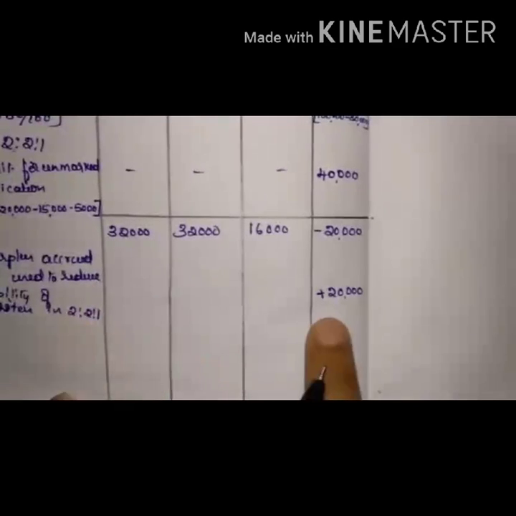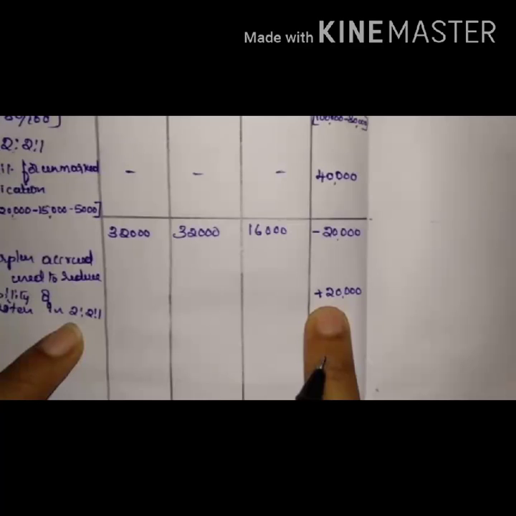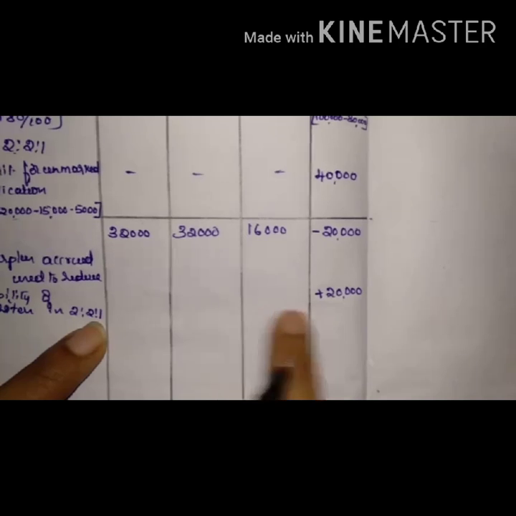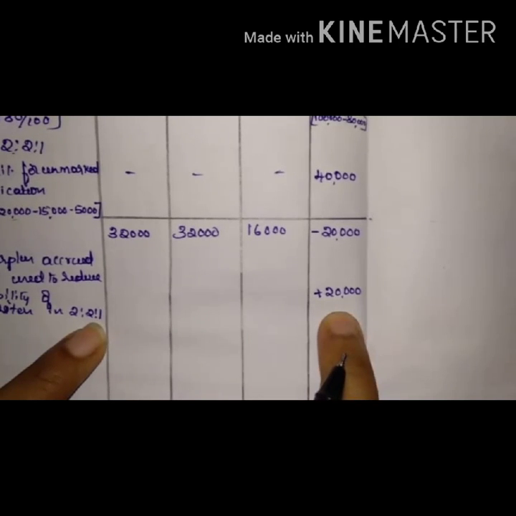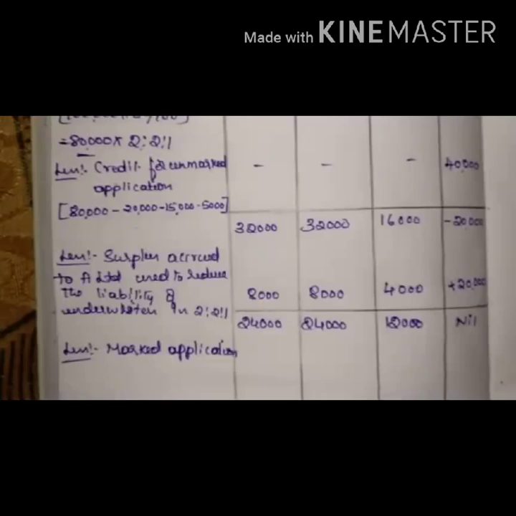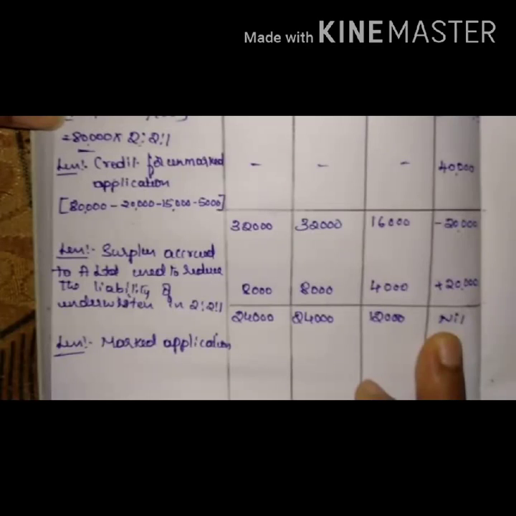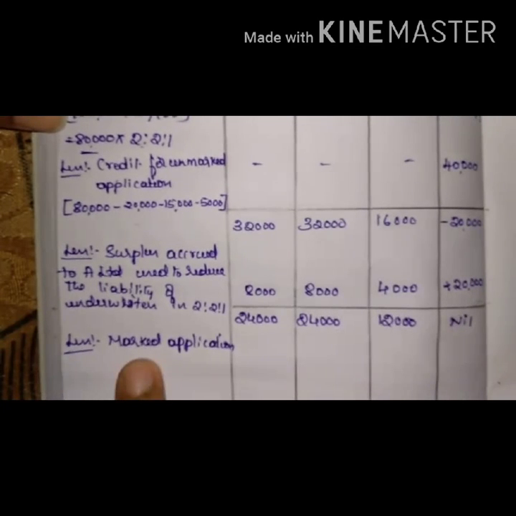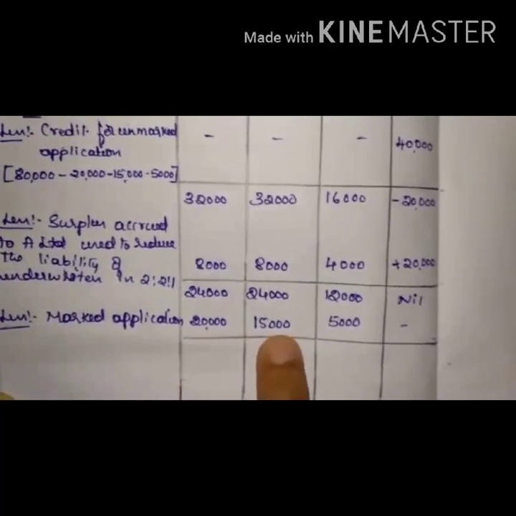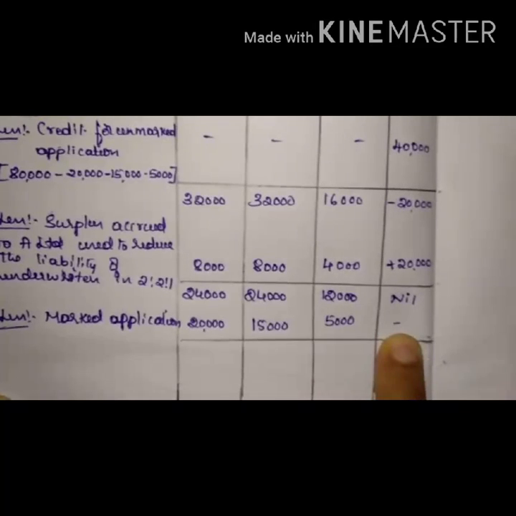Total surplus is 20,000, so 20,000 into 2 by 5, 20,000 into 2 by 5 and 20,000 into 1 by 5. In that way we have to share this surplus. That is 8,000, 8,000 and 4,000. And here we get liability of company nil, less marked application given in the problem 20,000, 15,000 and 5,000. Marked application for company nil.